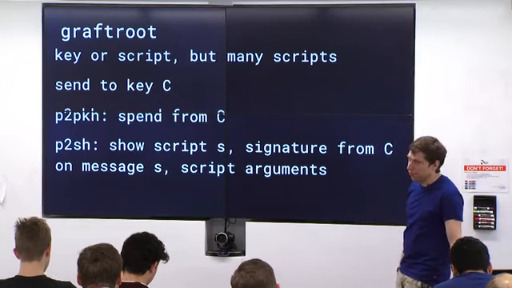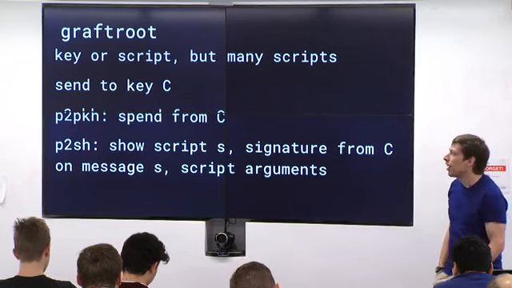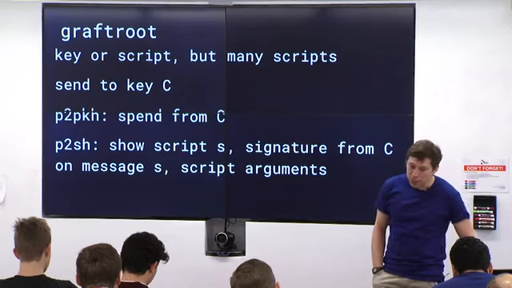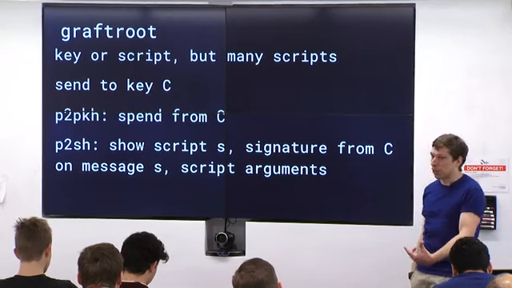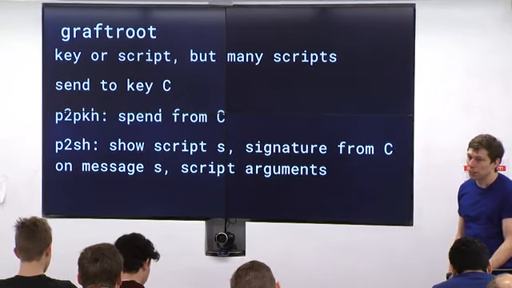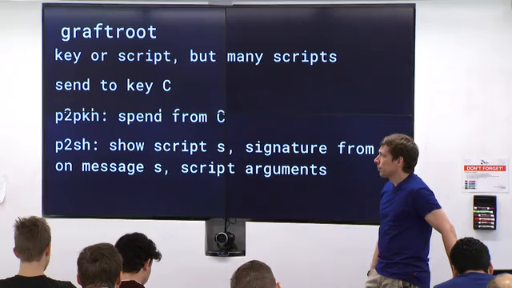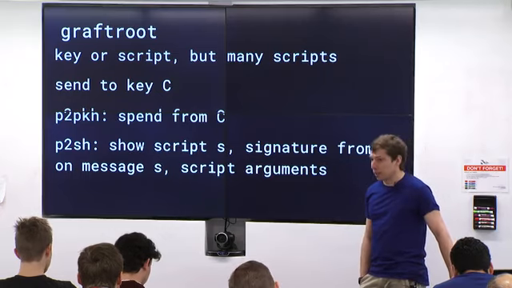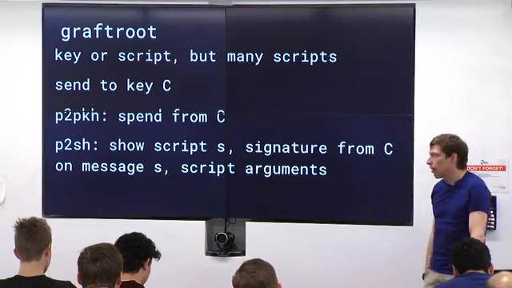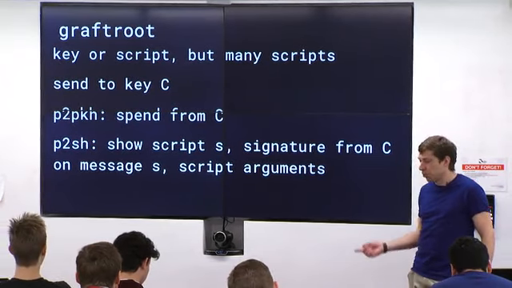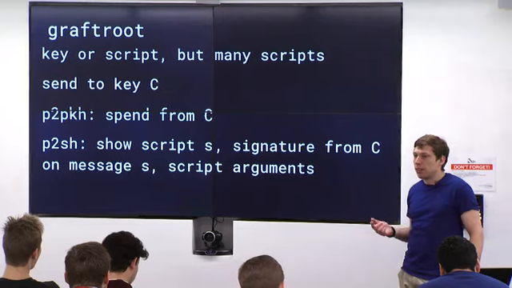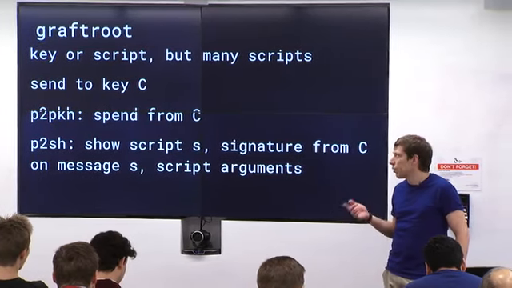So this is kind of cool, right? You say, look, I'm sending to a key, and either that key itself signs, or that key endorses a script to be executed. And I can make as many of these as I want, right? So if I want 1,000 different scripts, it's not like I have to prove inclusion in a tree that's going to be height 22 or height 12 or whatever.